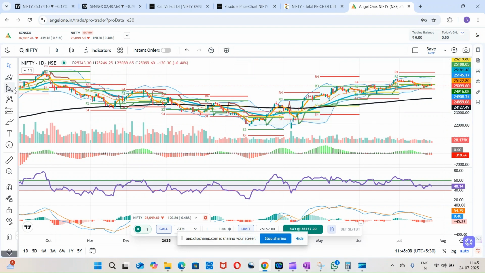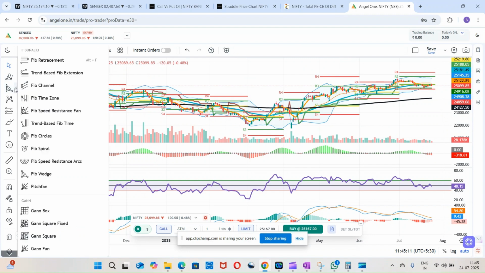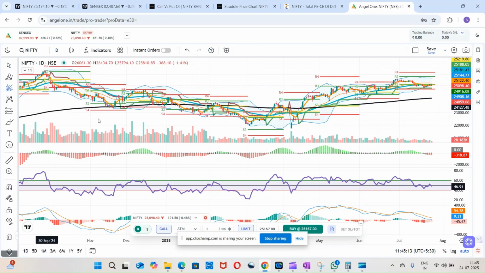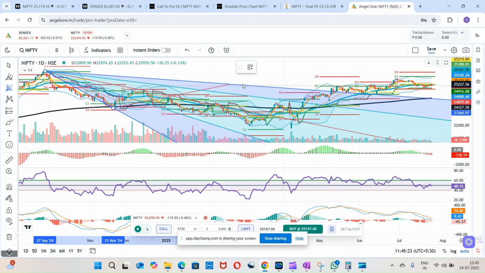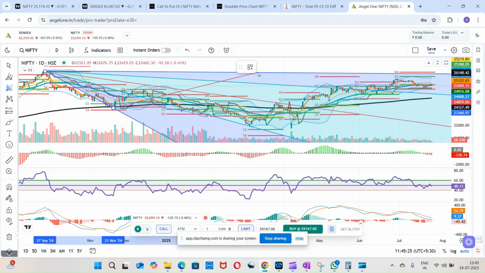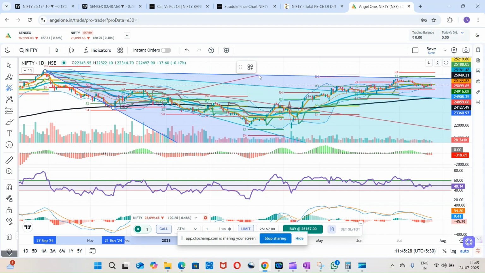The last one we have is the pitch fan. So this is a pitch fan. Let us use this, and draw it till here. So this fan will form like this, and you can project it like this.